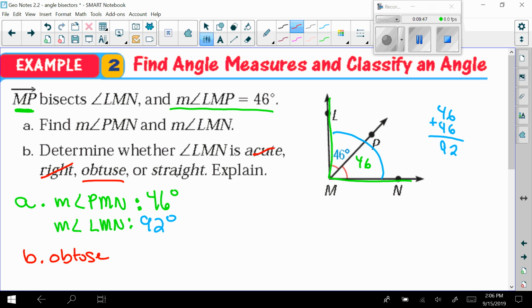Is it a straight angle? No. Only 180 is straight. Okay, so it says explain, and we could say the angle is greater than 90. So we could explain that. So feel free to pause and give everybody a chance to jot all that down.